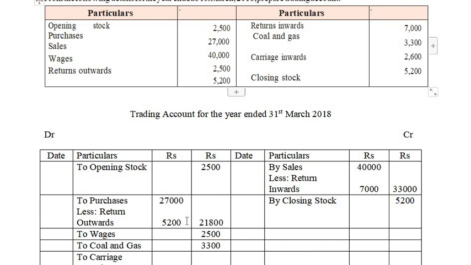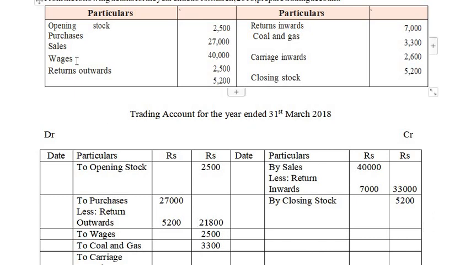So 27,000 is your purchase, but some purchases were not worth keeping, that's why they were returned. So 5,200 you subtract from 27,000. The balance 21,800 is the net purchase that you write in the outer column.